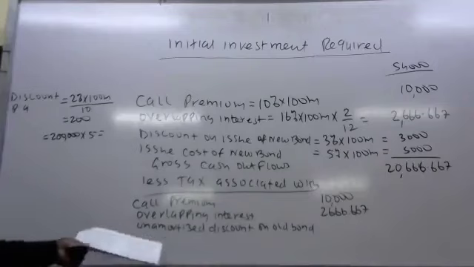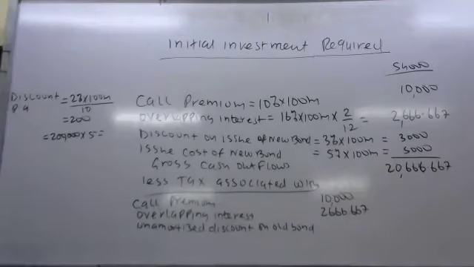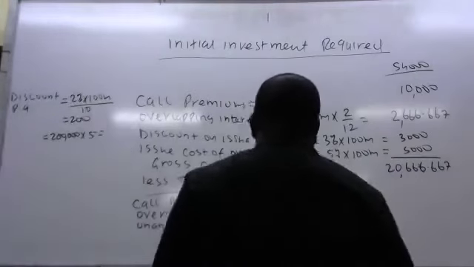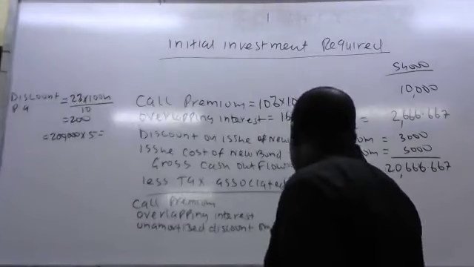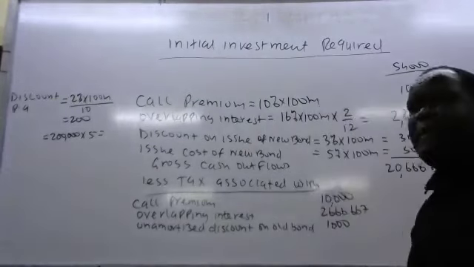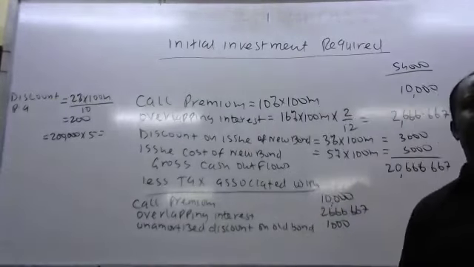So we get an amortized discount on that old bond. So when you compute, you'll be able to give us how much? Yeah, so I will put it there because it was paid, but tax has not been paid on it.